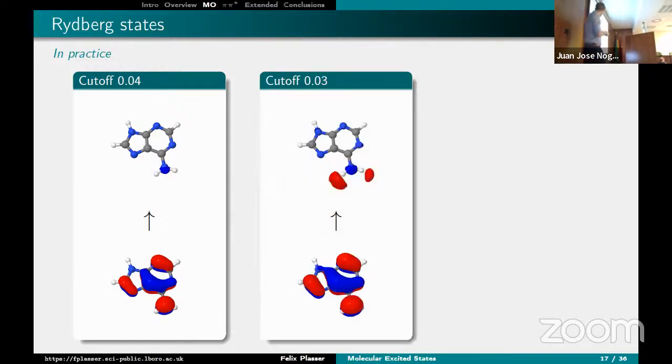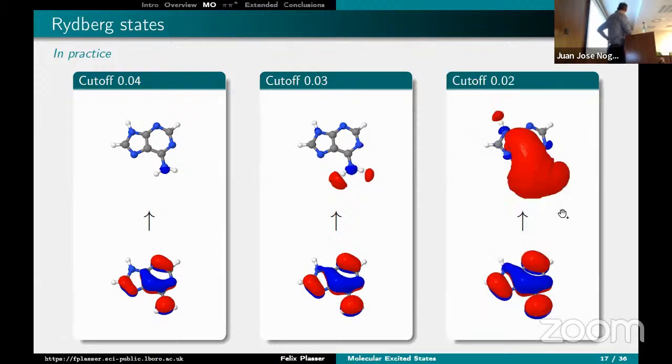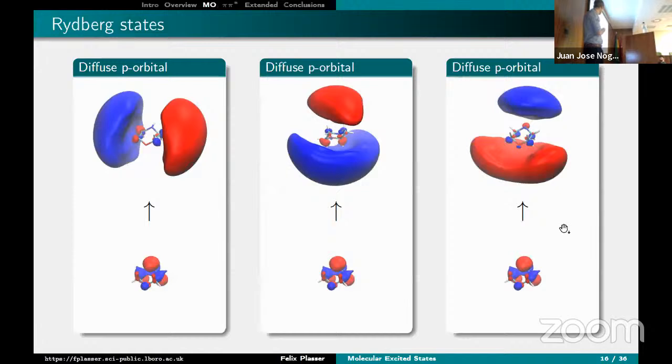Then you reduce the cutoff and you see some little blobs here, and then you can imagine the orbital actually sits outside of the molecule. If you make the cutoff lower, then you see this big blob around the molecule. So be careful: when you don't see anything, maybe you have to reduce the cutoff. And if you want these really nice pictures, then you have to grid at very high resolution, and for example, this is made in VMD, where you directly read in the grid rather than the coefficients.